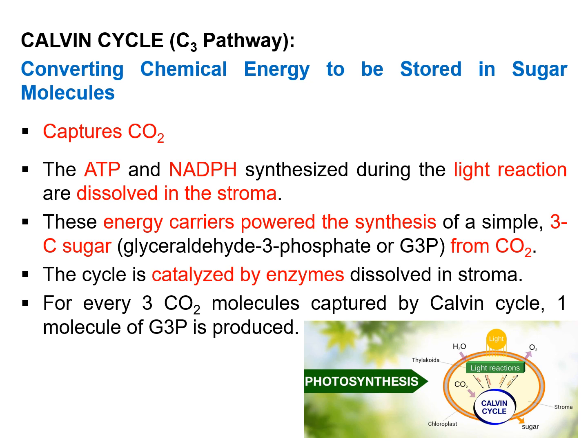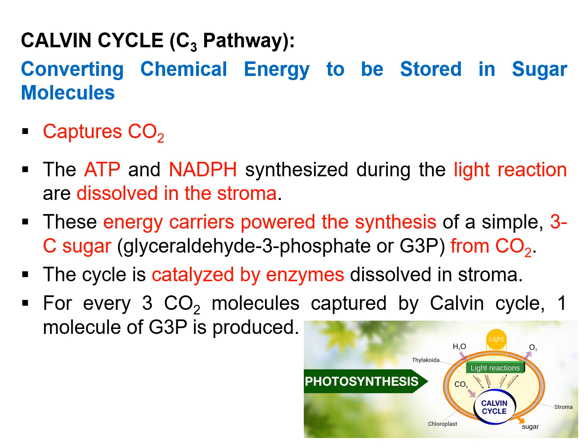The cycle is catalyzed by enzymes dissolved in the stroma. For every 3 carbon dioxide molecules captured by the Calvin cycle, 1 molecule of glyceraldehyde 3-phosphate, or G3P, is produced.